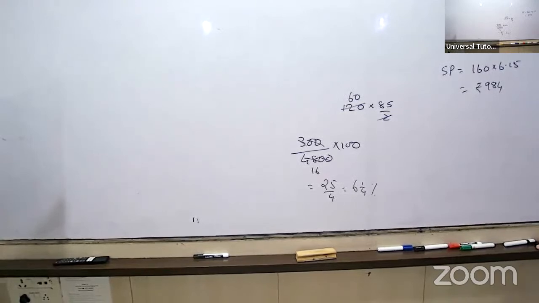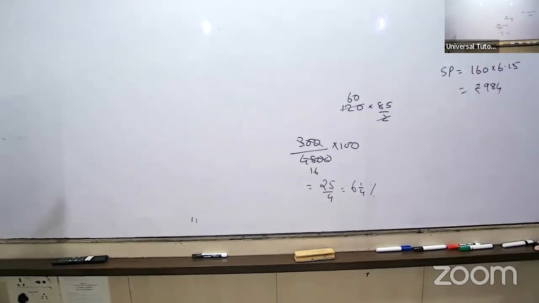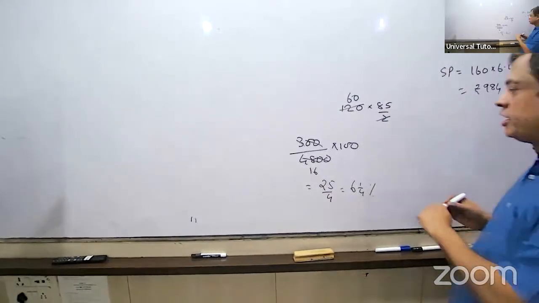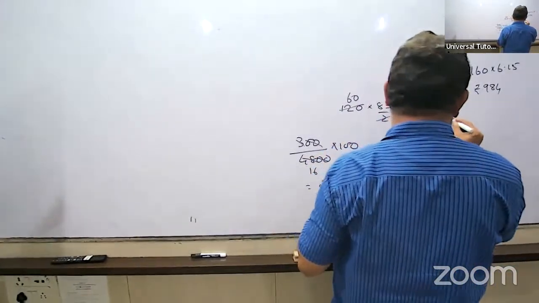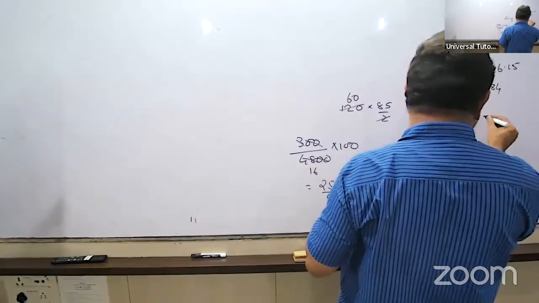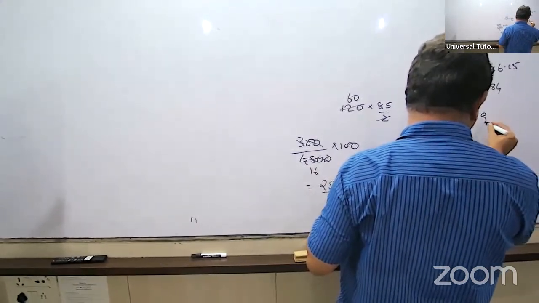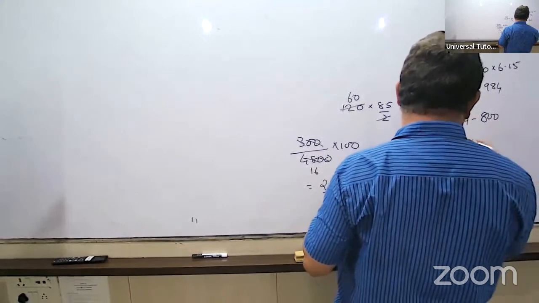Now what is the next? So this is the selling price. Now you have to find the profit and profit percent. Profit is equal to SP minus sum invested, 984 minus 800, that is 184.